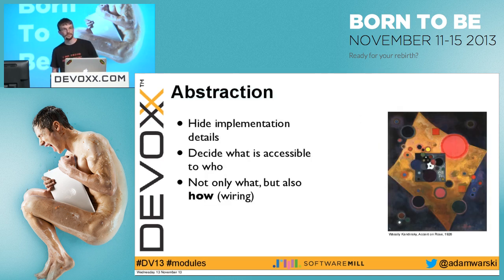Okay, abstraction. So if we have a module system, we would like it to provide us a way to hide implementation details. So we would like a way to define what is public and what is private, right? So that's obvious, for example, in classes. We have private and public methods, right?